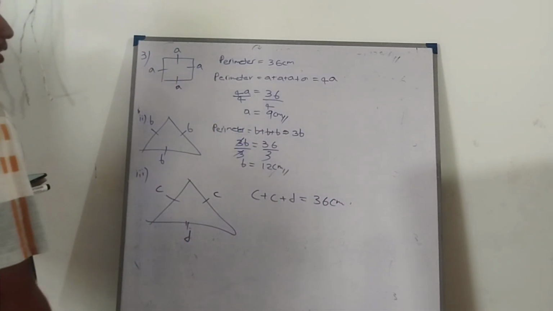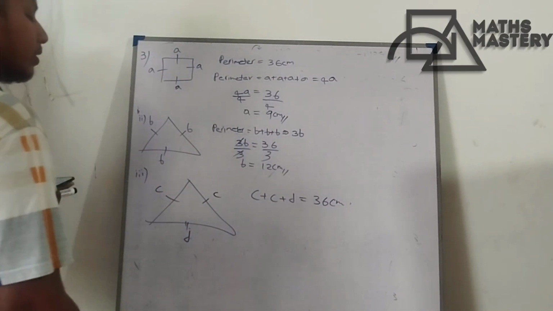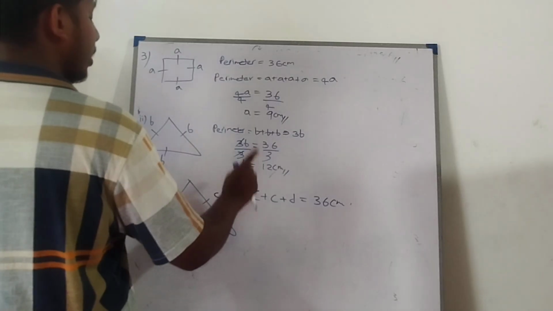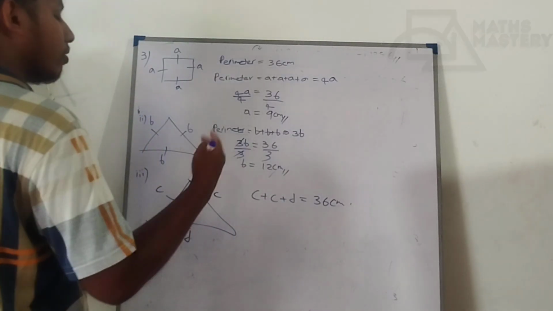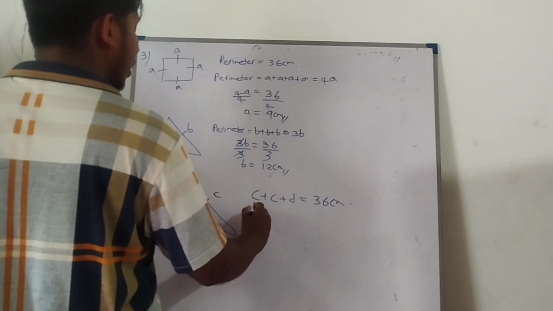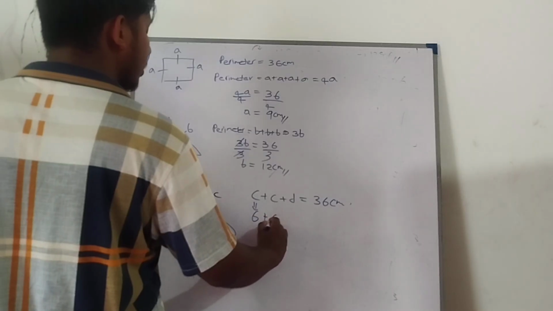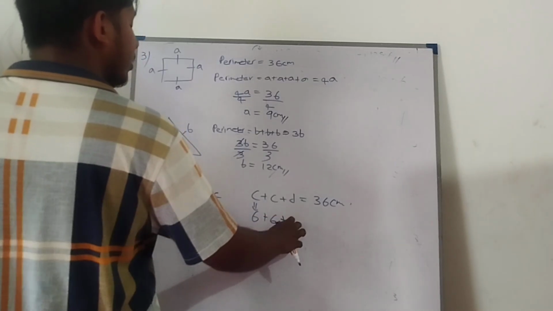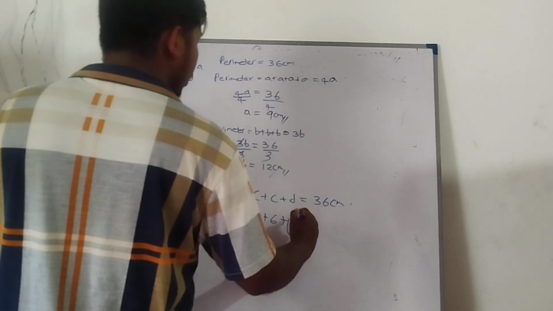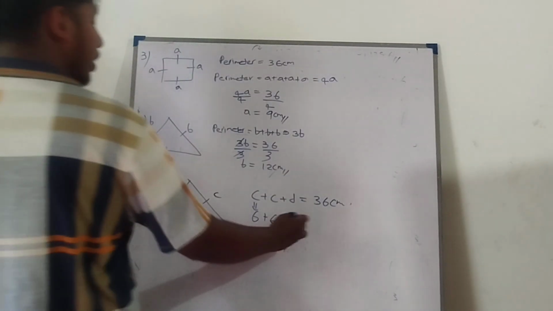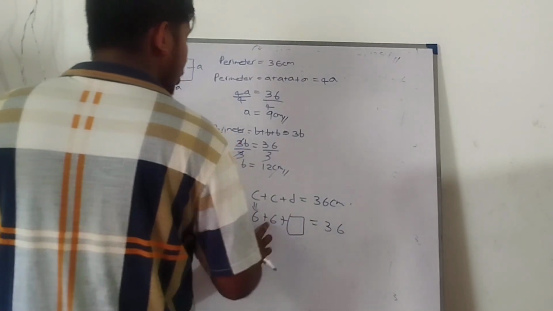Any person can put different answers and anything can be correct, but make sure this C and this C should be equal. It means if you put 6 for C, this C also should be 6, and for the remaining one you can subtract and get the value for D. For example, think 6 plus 6 is 12.